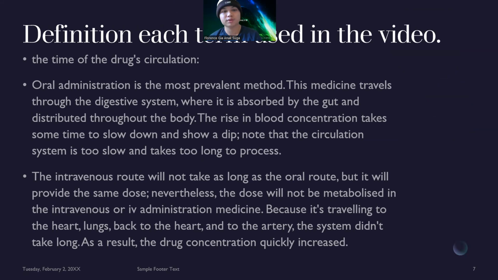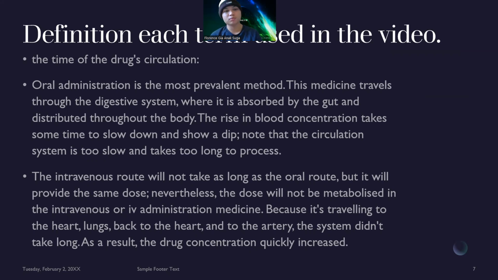Oral administration is the most prevalent method because the medicine travels through the digestive system, is absorbed by the gut, and distributed throughout the body. The rise in blood concentration takes some time and then slows down to show a dip. The circulation is slow and takes a long time.